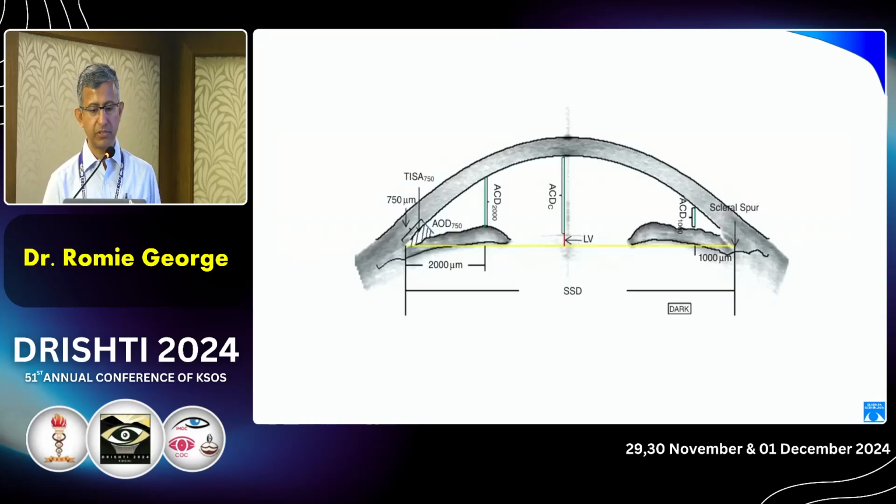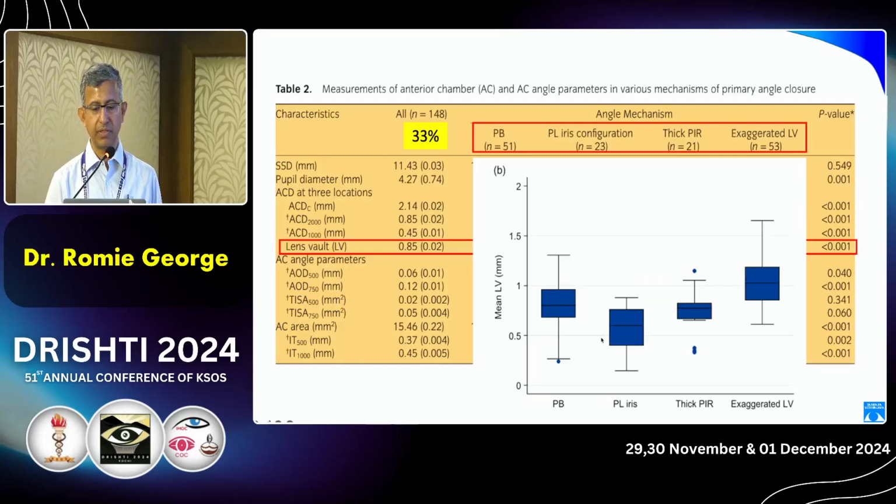They measured many things, but what we are really interested in here is the lens vault. And this is what they found. They found that 33% of eyes had an exaggerated lens vault. The rest were other mechanisms. Pupillary block was about 30%, Plateau iris and thick peripheral iris was the other 30%.